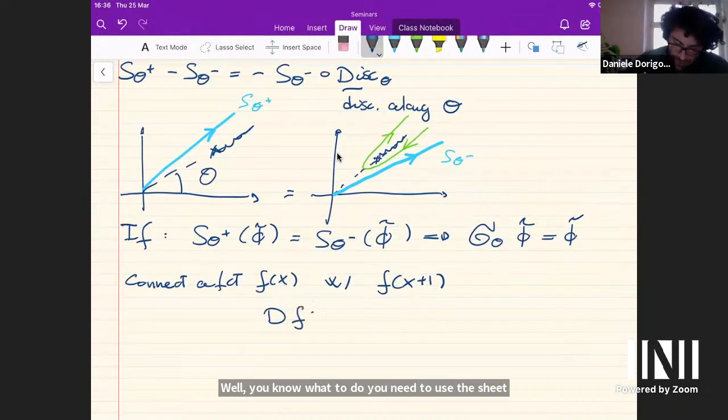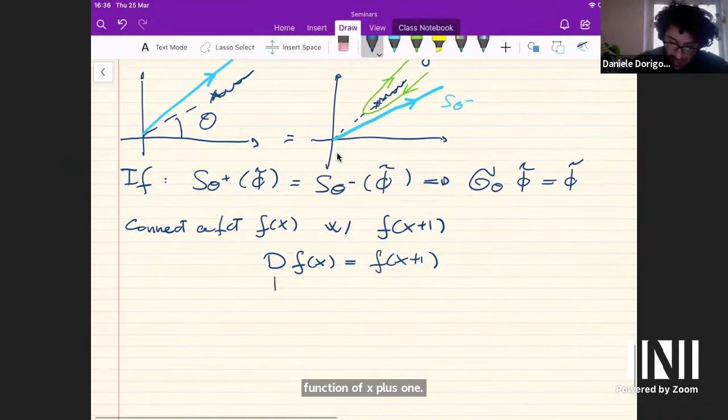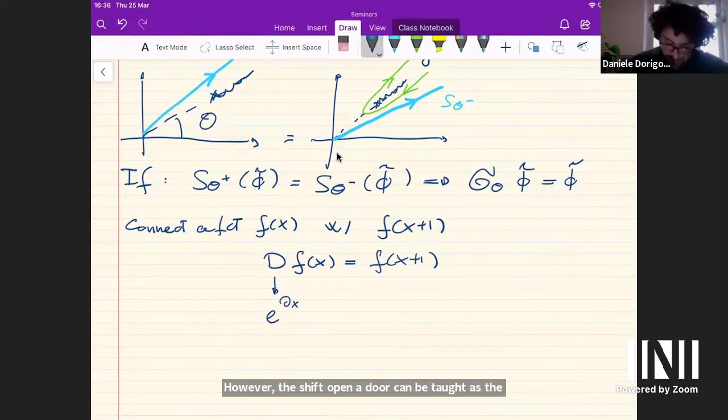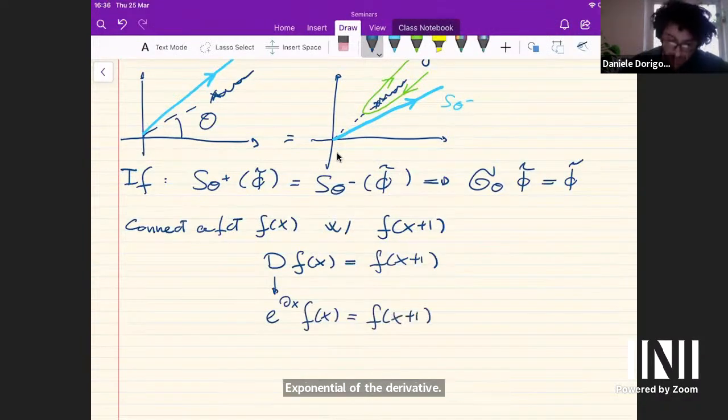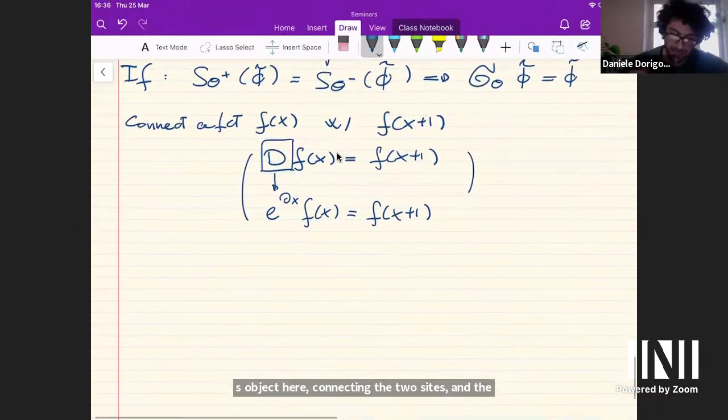The shift operator connects the function to the function of x plus 1. However, the shift operator can be thought of as the exponential of the derivative. This parallel is exactly the same between the Stokes automorphism, which is going to be this object here connecting the two sides, and the alien derivative.